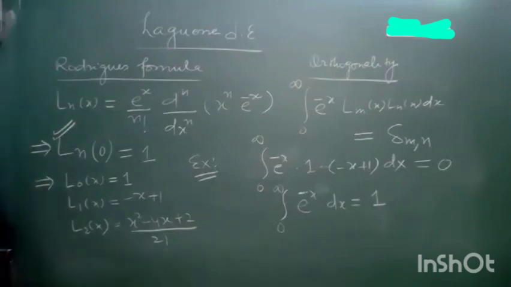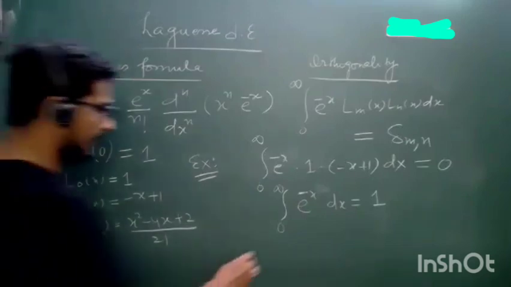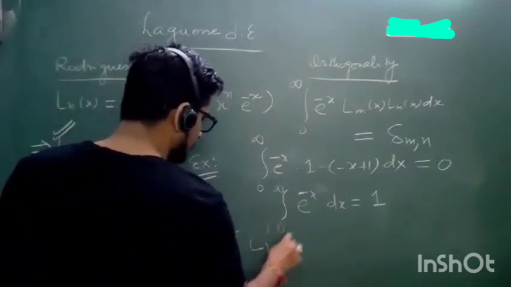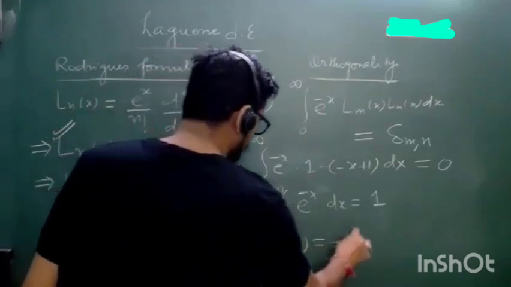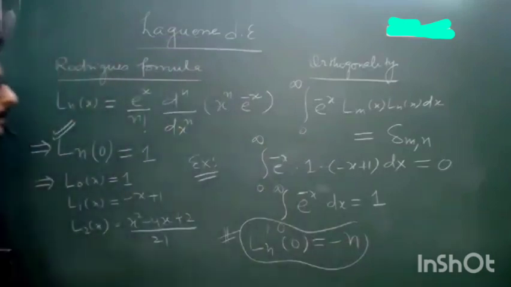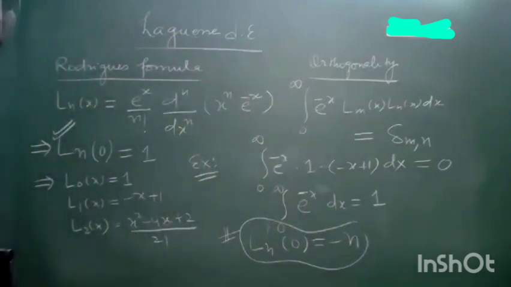And one more important property is also Ln dash 0 is equal to minus n, and that I can derive. Let us derive that.